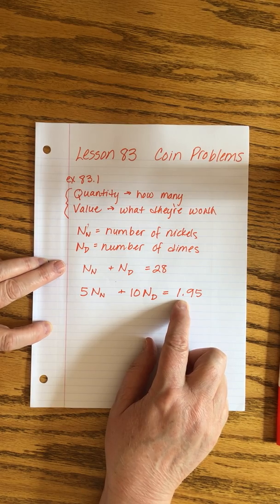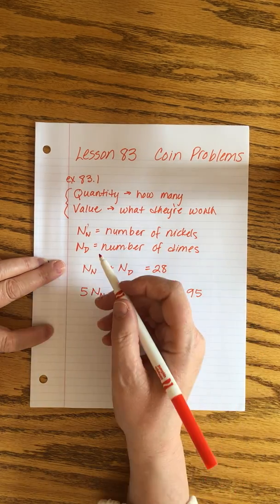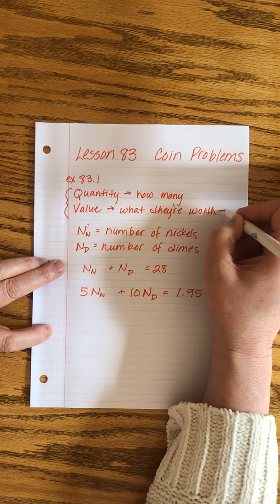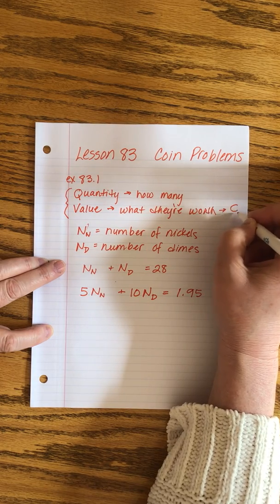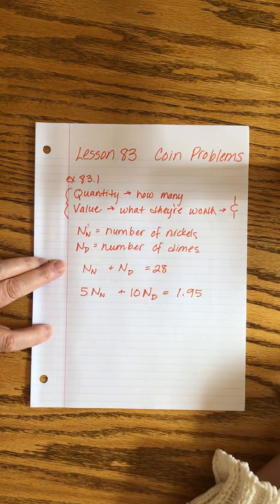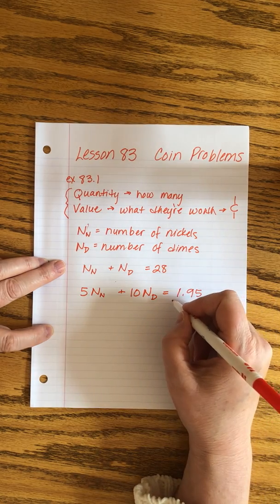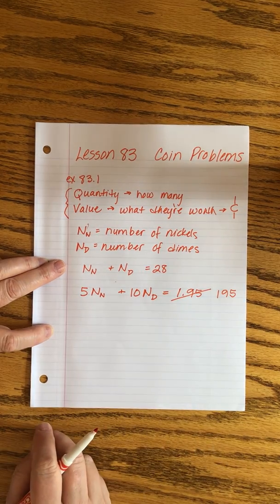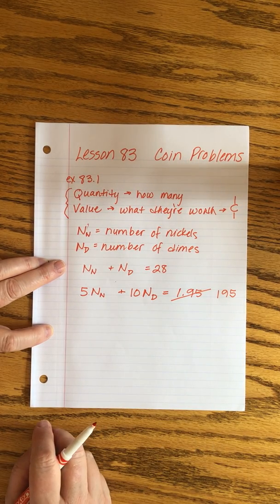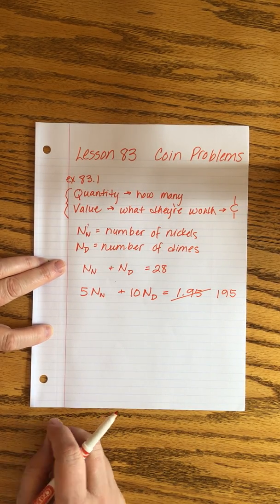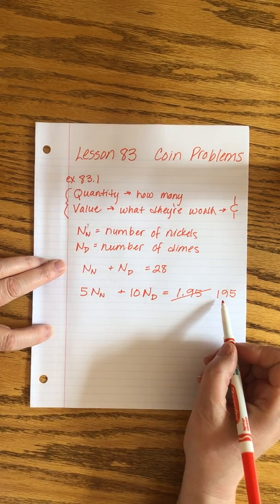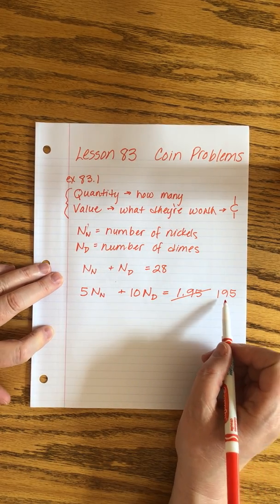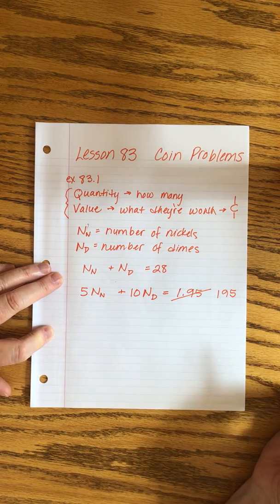I don't want to put a bunch of decimals. So what we're going to do is we're always going to state what our coins are worth in cents. So I'm going to use 195 cents. Does that make sense? So we restate our value in terms of cents by taking the decimal out.